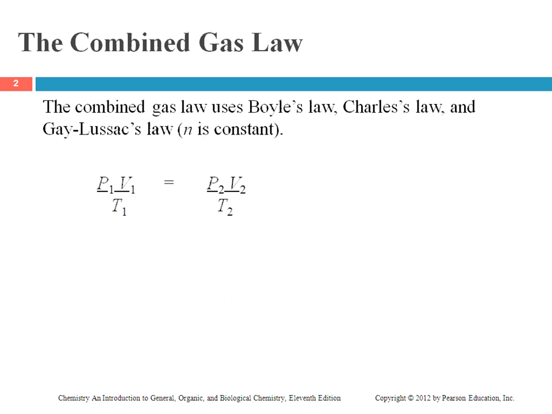So I'm going to show first. You've already probably watched the video on this or seen the handouts, but we can combine Boyle's law, Charles' law, and Gay-Lussac's law into one combined gas law that's shown here.